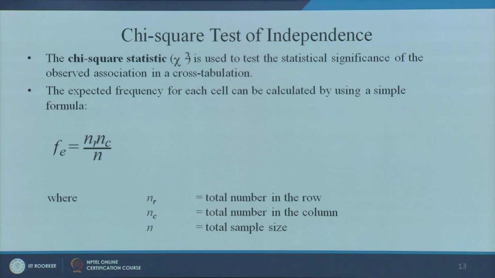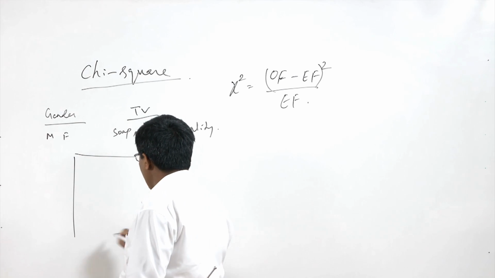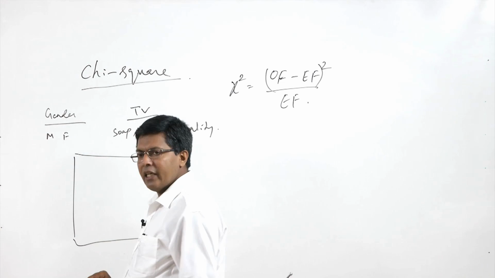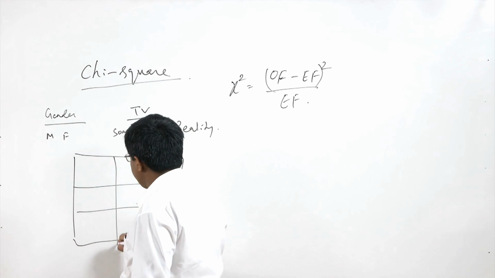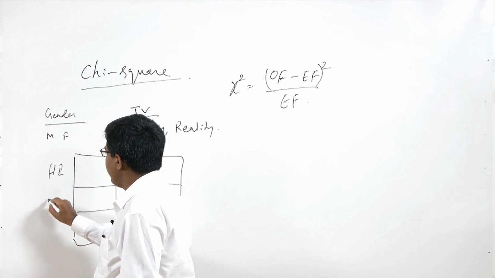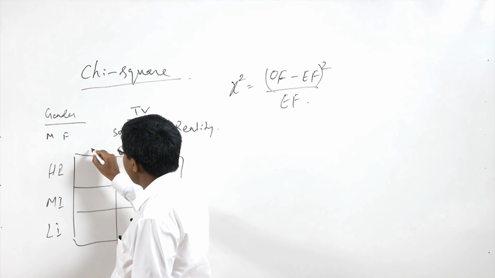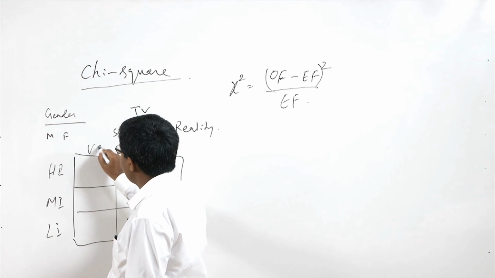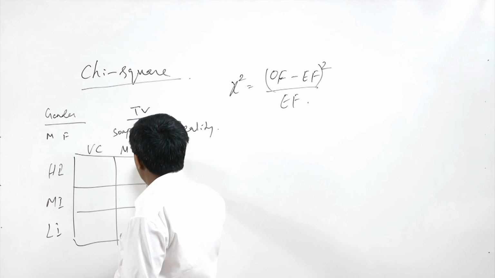Let us take this example. Let us say I want to see whether there is any relationship between income level and cleanliness. High income, middle income, low income, and cleanliness: very clean, moderately clean and less clean.